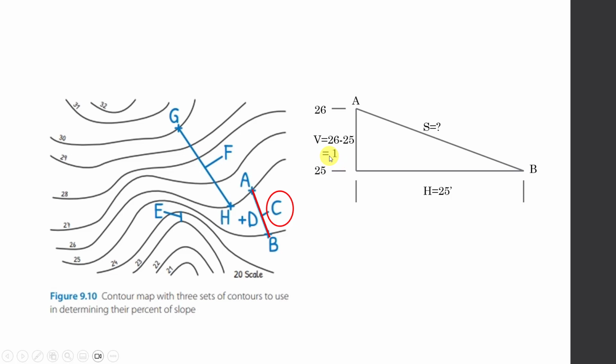Notice that this aligns with the contour interval of this particular map. Now that we have vertical and horizontal distance, we can make this calculation. Slope equals V over H. The slope is 1 foot over 25 feet. And therefore, 1 over 25 is 0.04 or 4%.